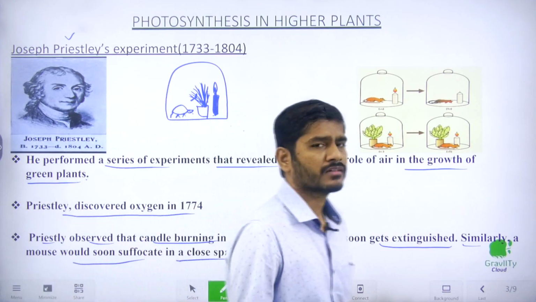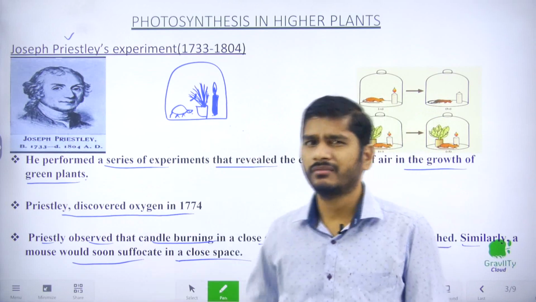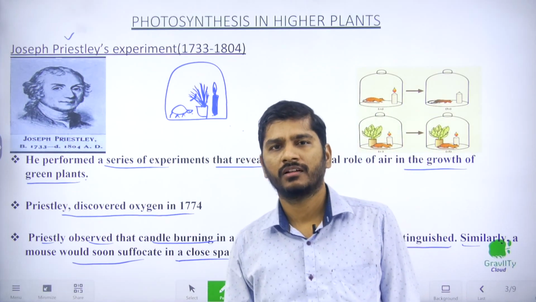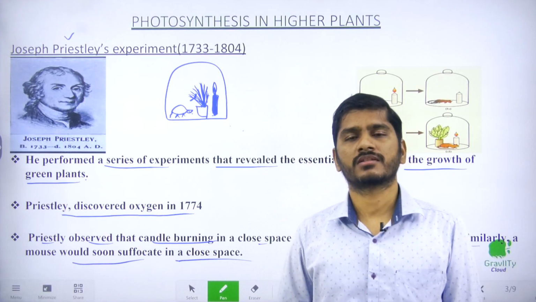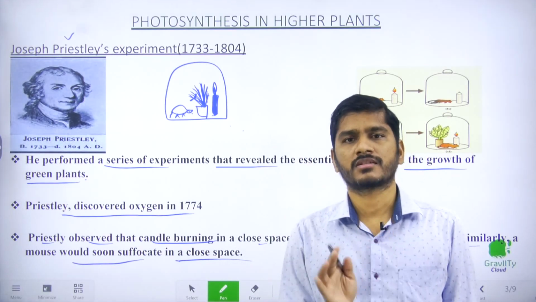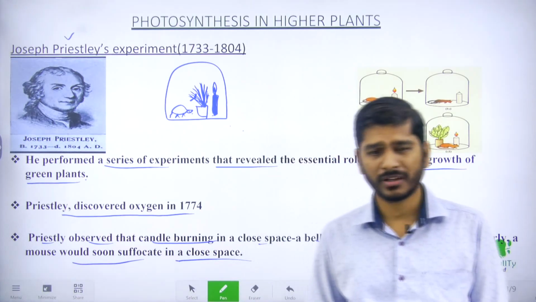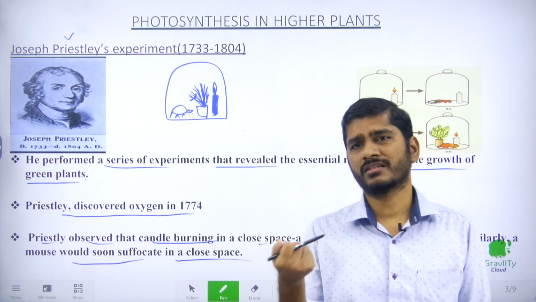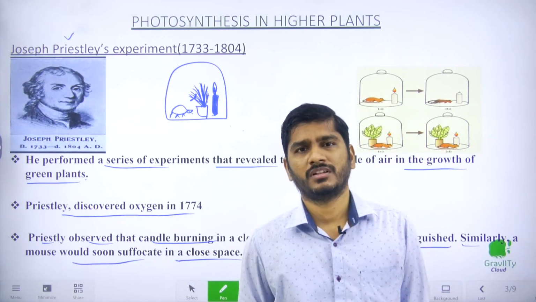Why? Because it is using the oxygen. Why would a candle use it? The candle won't breathe, right? For the combustion process, oxygen is compulsory. Without oxygen, there will be no fire. Understand? This is why you might have seen that at the fire station, carbon dioxide powder is sprayed, right?